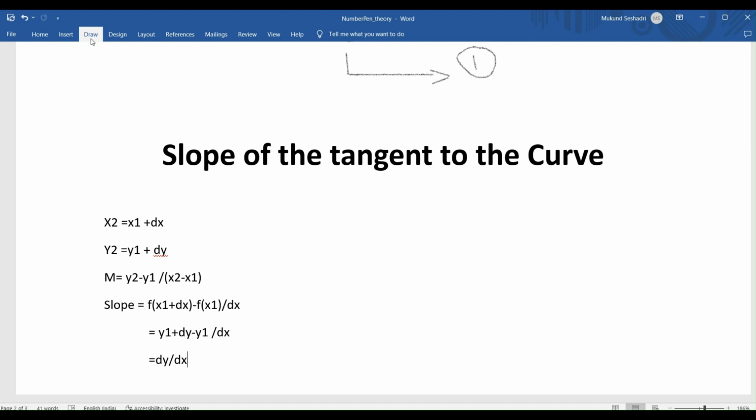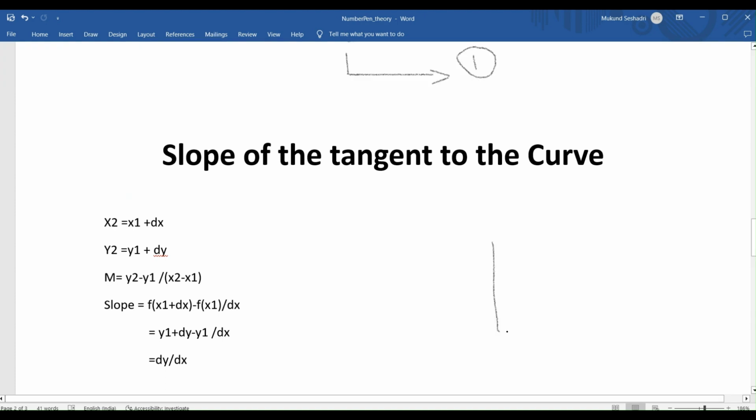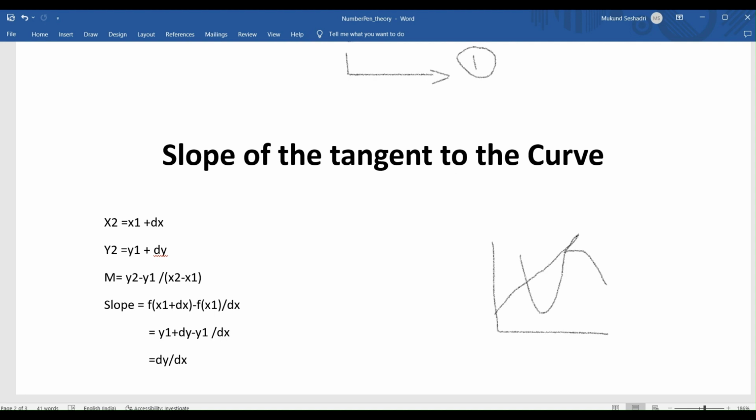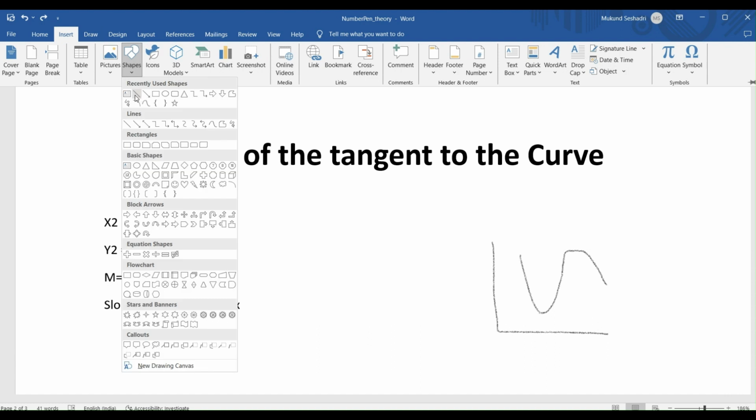Let me explain this using a quick diagram, right? So let me take this out, and let's assume that you have a curve here like this. Let's assume you have this point, and this line that I just drew is the tangent. Let me take a straight line and draw this so that it becomes easier.